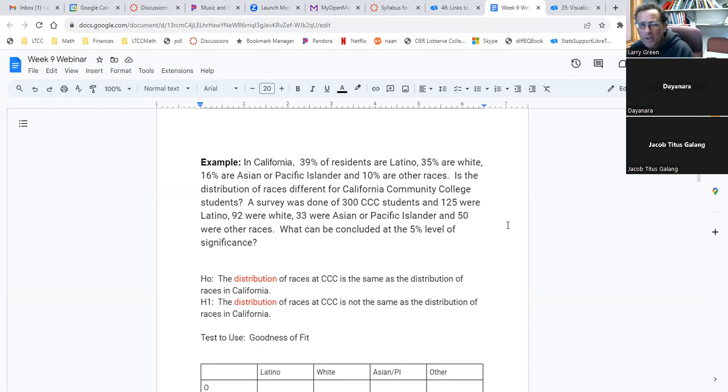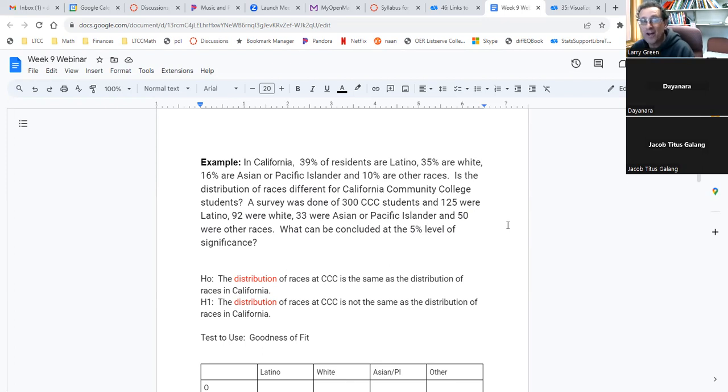So what we want to look at is, is the racial makeup the same, or is it different at California community colleges compared to the racial makeup of just California residents? Any questions on the idea?